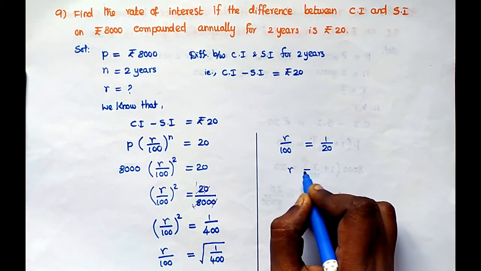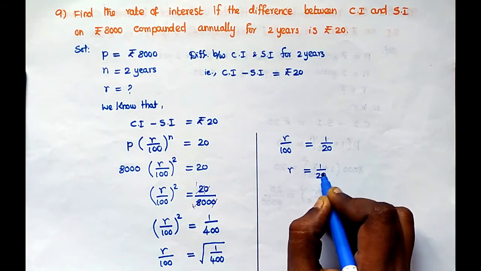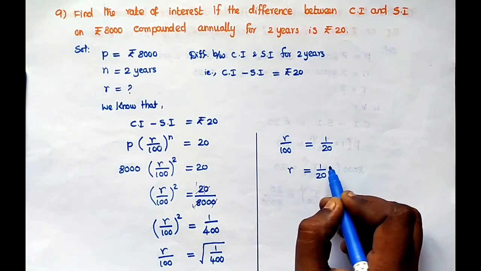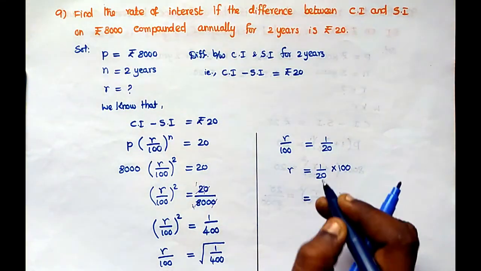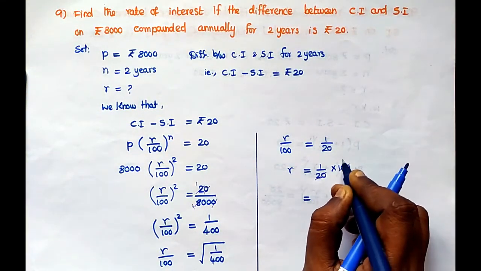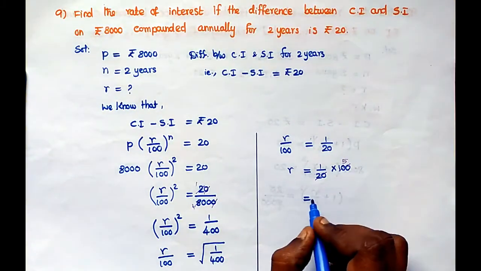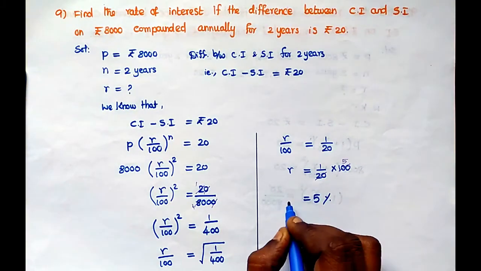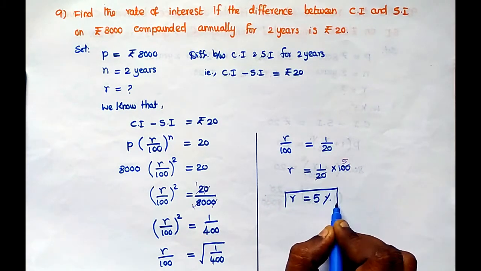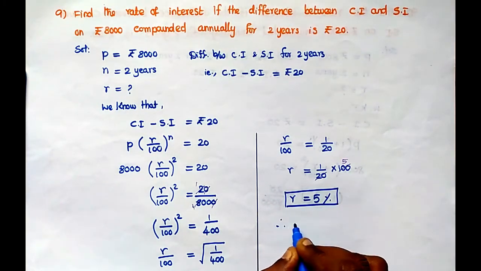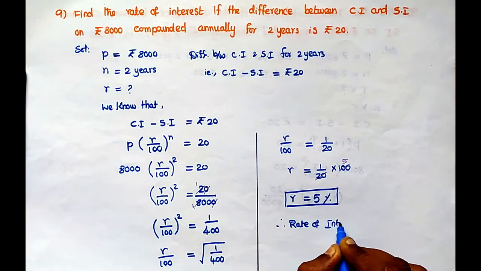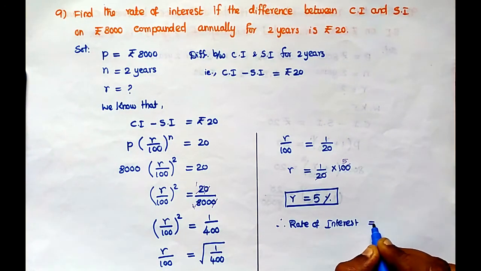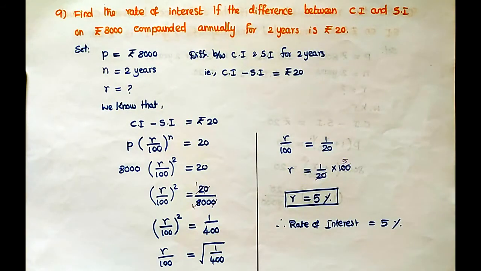Now r equal to 1 by 20, here 100 is in division, bring this side means multiplication. Now cancel the numbers, 20 5s are 100. So r equal to 5%. Therefore rate of interest equal to 5%. That is the answer.